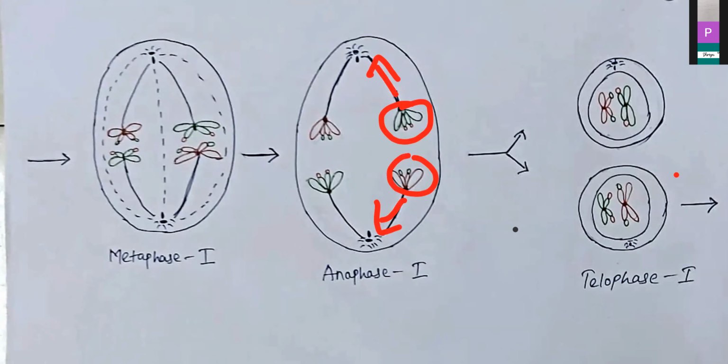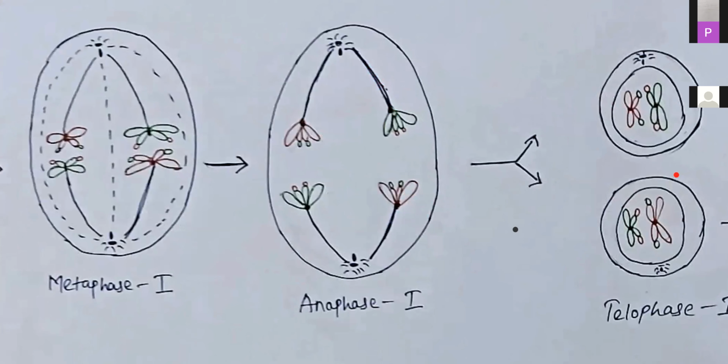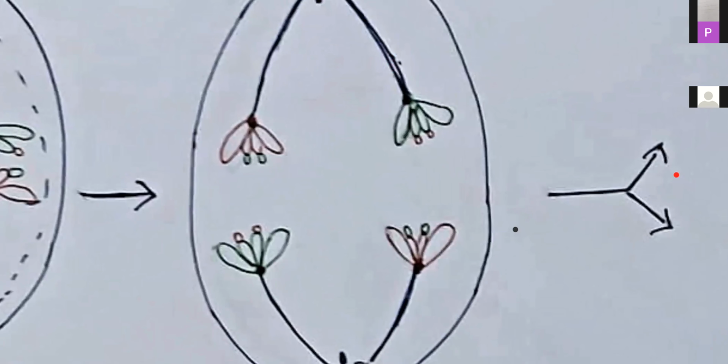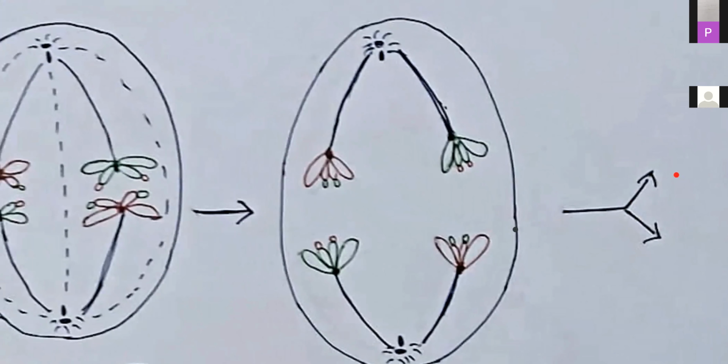You see, homologous chromosomes will separate, each with its two sister chromatids. Can you make out one centromere and its two sister chromatids being pulled towards its respective pole? Have a look at it. The homologous chromosomes, each with the two sister chromatids and centromere, separate. One moves towards one pole, another moves towards the other pole.